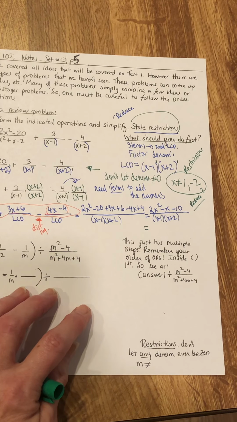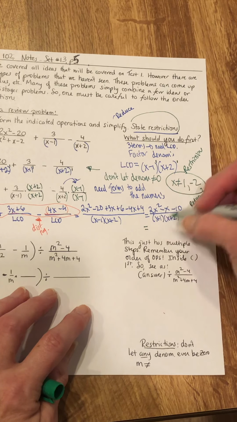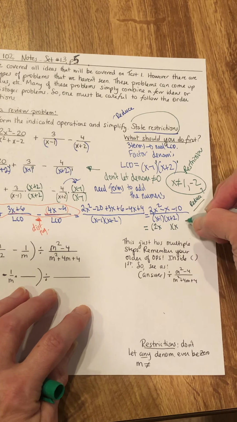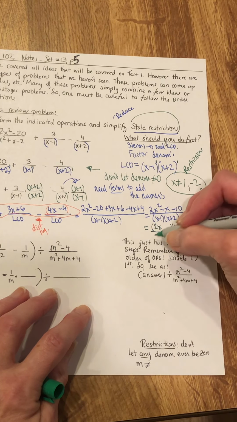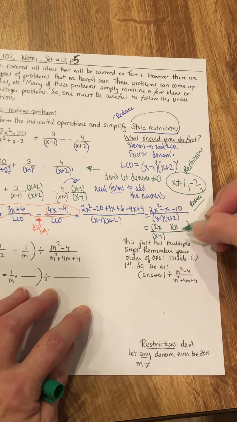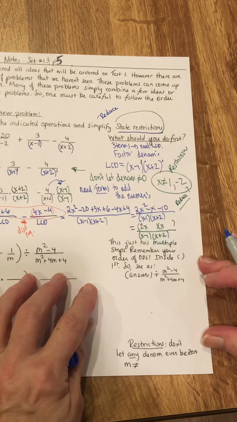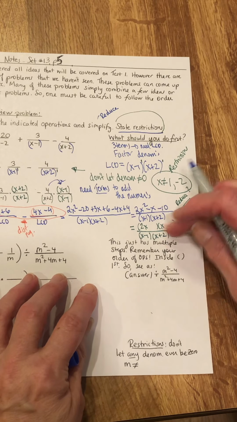So no GCF, looks like it comes from FOIL, so it's going to be a binomial times a binomial. And let's see, I don't think it's 10 and 1, it's probably 5 and 2. So let me think, well, if I put the 5 here, that'd be too big.